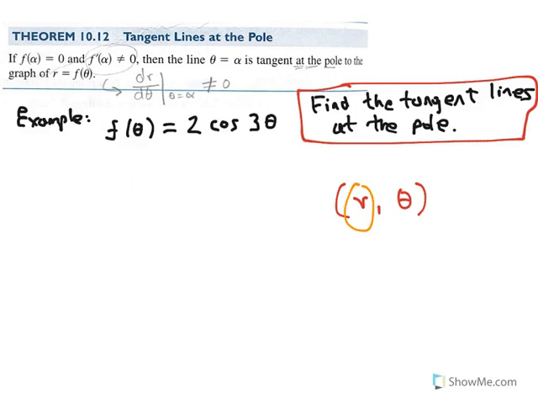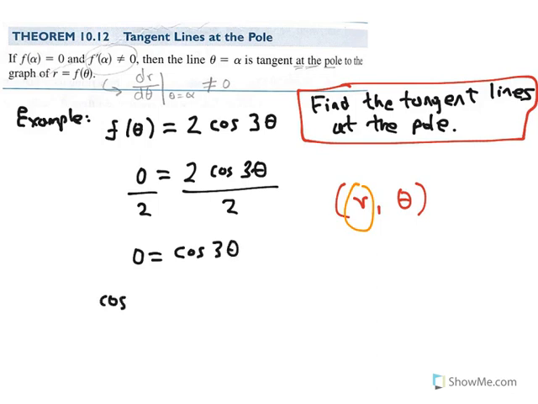So what we need to do is set f of theta equal to 0, and we will have 2 times cosine of 3 theta, and we need to solve this equation for theta. Divide both sides of the equation by 2. So we have the equation cosine of 3 theta is equal to 0.